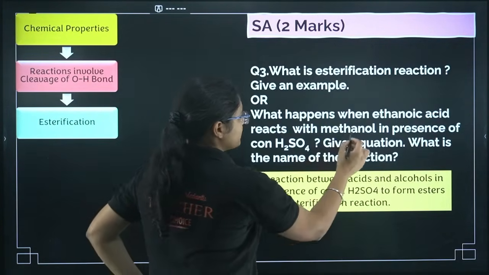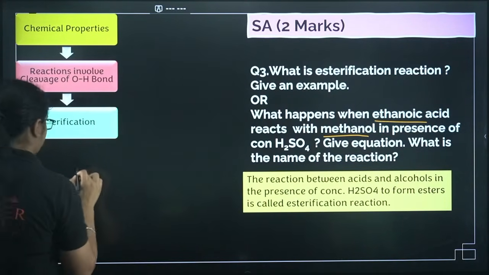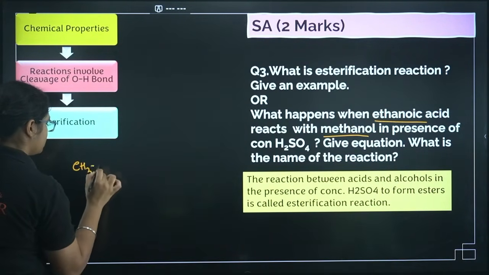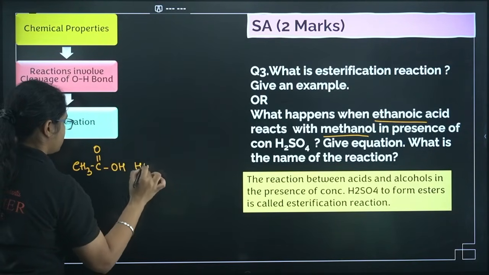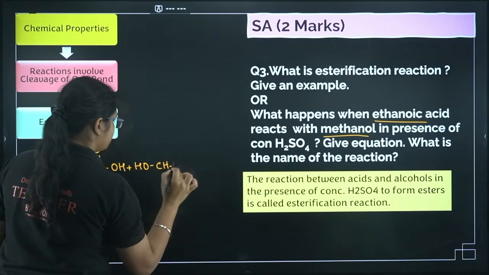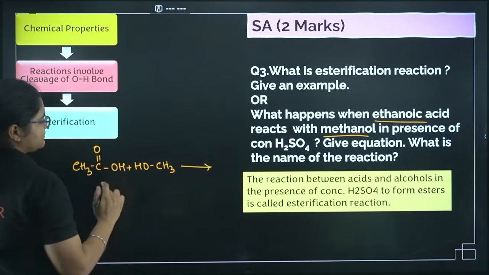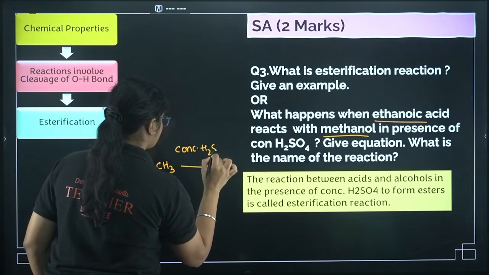So you have to react ethanoic acid with methanol. So if I have ethanoic acid, and I have methanol, that will give me ethanoic acid plus methanol in concentrated H2SO4.